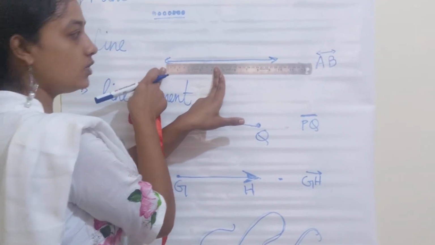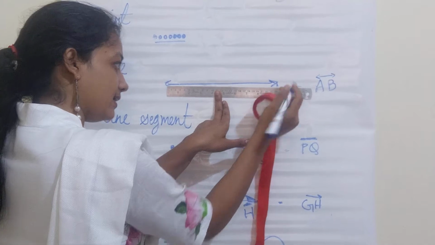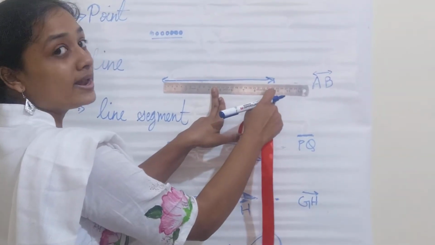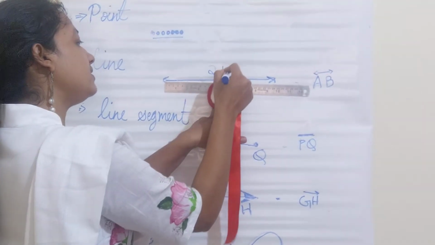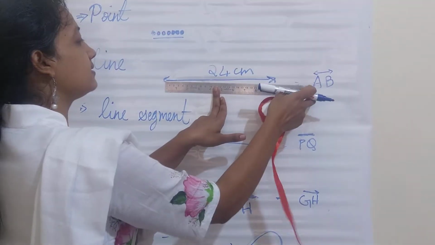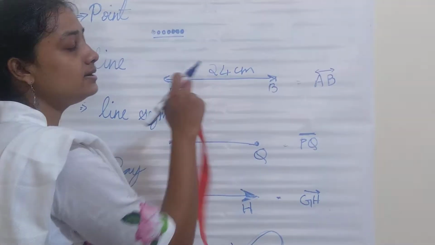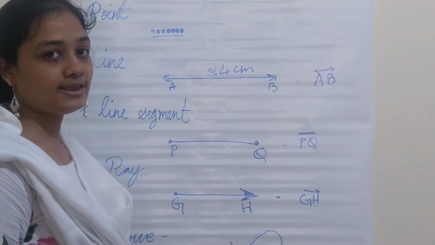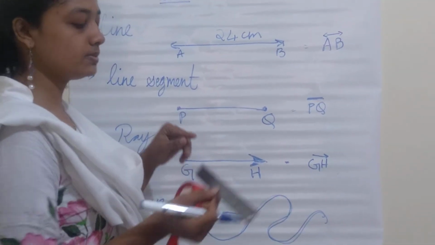From one side it is 0, until where the line ends on the other side. For me it is 24. So this line measures 24 centimeters. So what is the measurement of the line here? 24 centimeters.